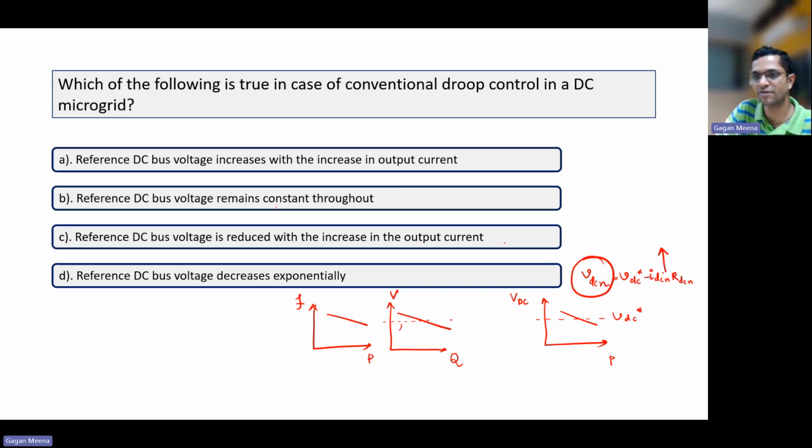If current increases, then the output voltage will reduce. The reference DC bus voltage will remain constant throughout.